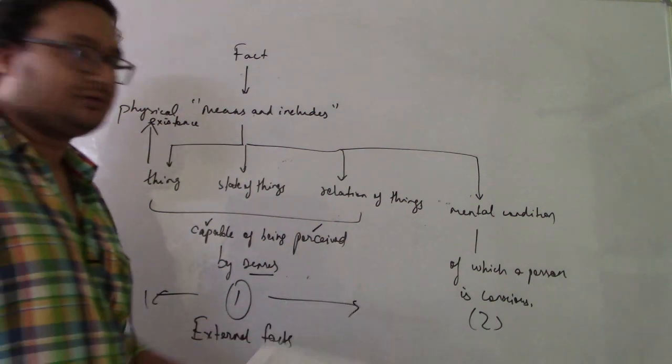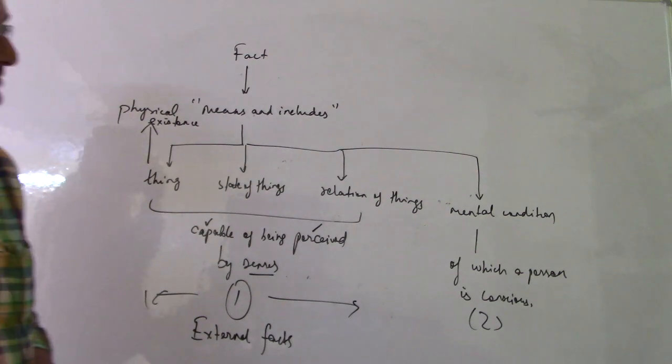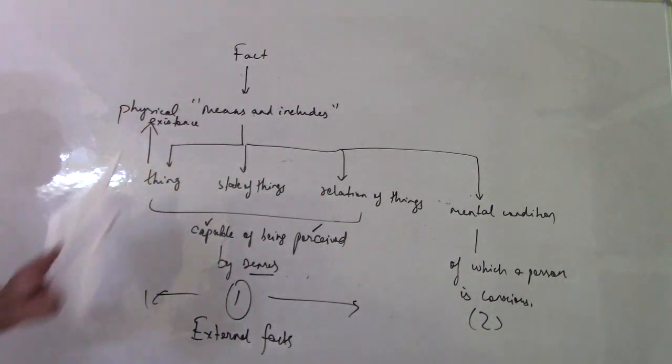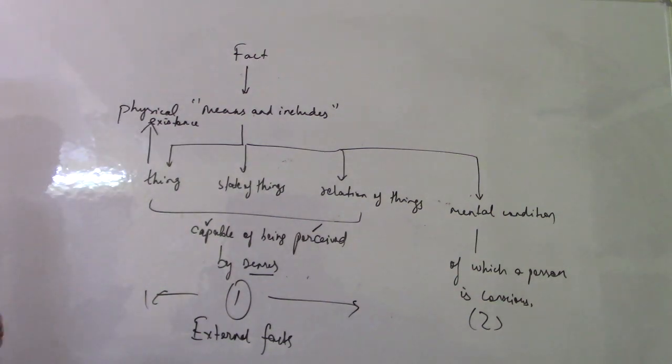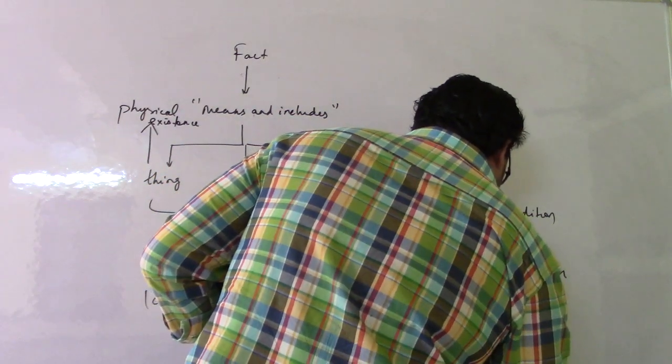Now, similarly over here, when we are saying a mental condition of which a person is conscious, this is not a thing in the sense that this does not have any physical existence, right? But this has what we would call a non-corporeal existence, or a non-physical existence. It is nothing else but an internal fact.